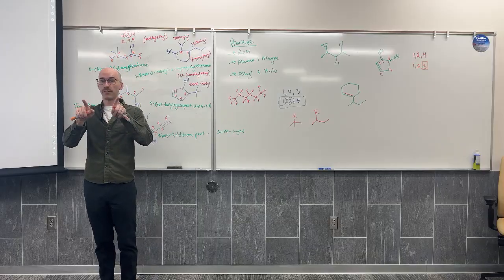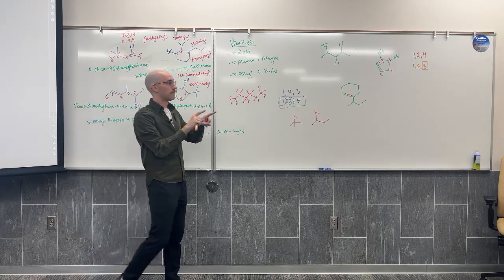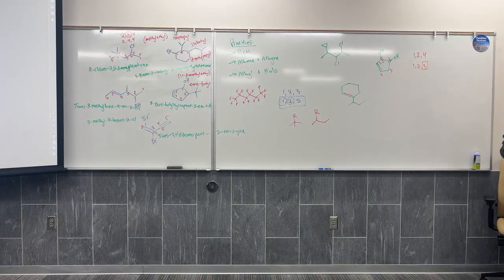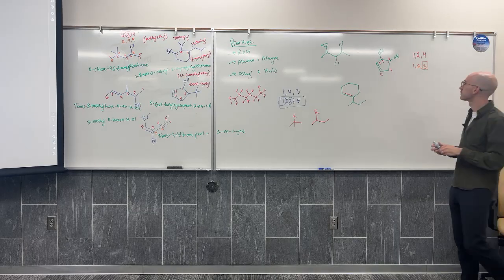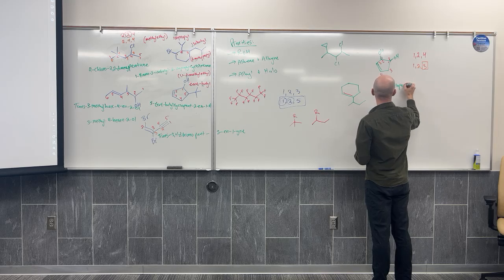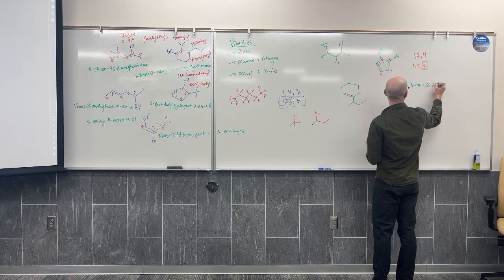I can get them both to be 1, 2. Then I'm just looking to prioritize my alkene after that. Great. So the new name, do you want to read it off for me? Cyclopent-3-ene-1,2-diol.